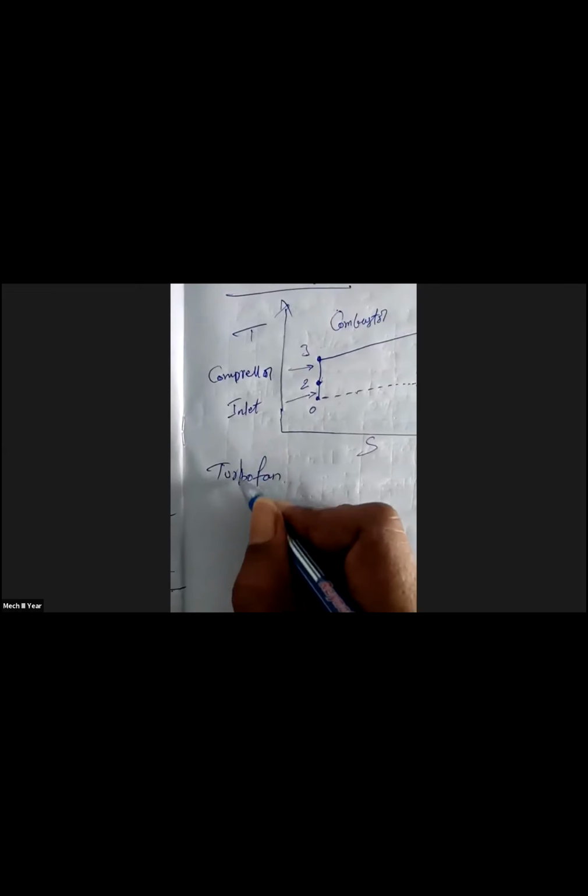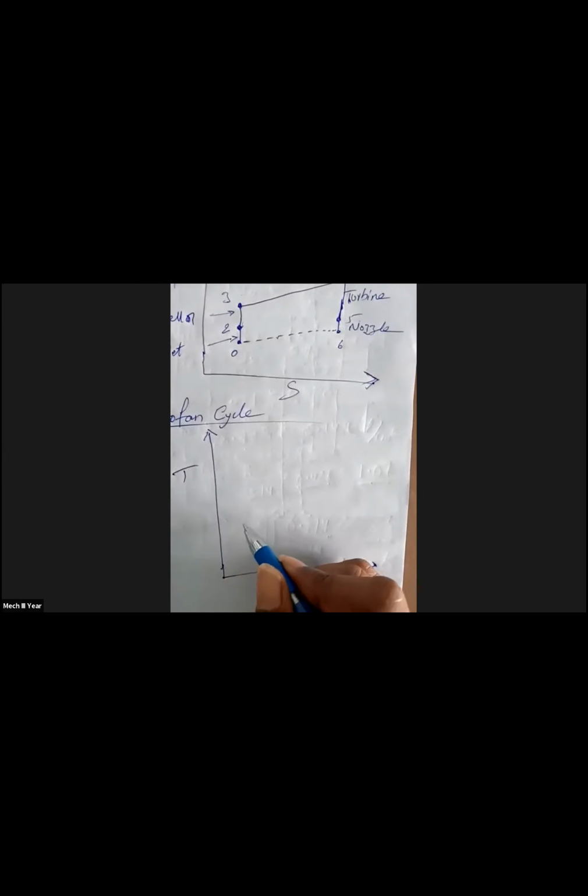And now we are going to see turboprop or turbofan. The turbofan cycle we see. We are going to see here T and this one is S. Now in a similar way here is compressor.